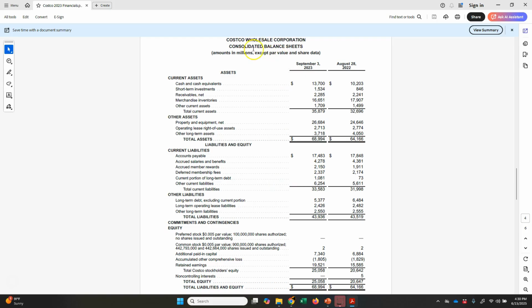Okay, and then finally we have Costco's balance sheet. So they have their assets listed up here first. We're going to learn about this format, but basically they're listing all their assets, cash, inventory, property. They have everything listed, and we see that we have a total here of 68.9 billion. Then they're listing their liabilities. So you can see that their total liabilities are 43 billion.